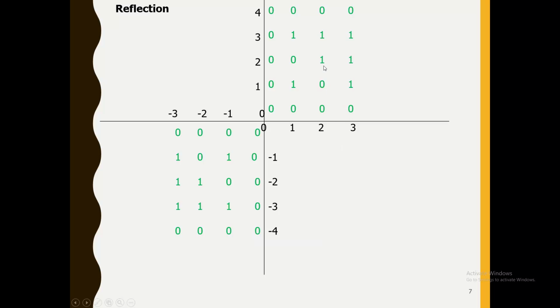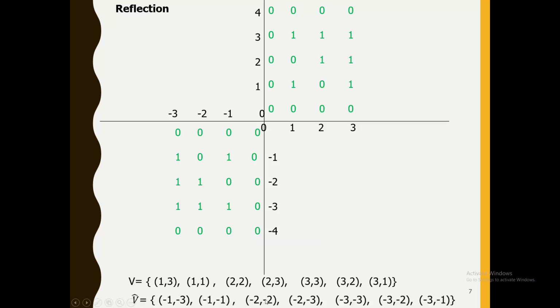At 2 comma 2 there is a 1, so at minus 2 comma minus 2 there is a 1. At 2 comma 3 in the original image there is a 1, so at minus 2 comma minus 3 there is a 1. Similarly for 3 comma 1, now at minus 3 comma minus 1 there will be a 1. Likewise 3 comma 2 becomes minus 3 comma minus 2, and 3 comma 3 becomes minus 3 comma minus 3. So this V corresponds to the original image and this one corresponds to the reflection. V hat represents the reflection.